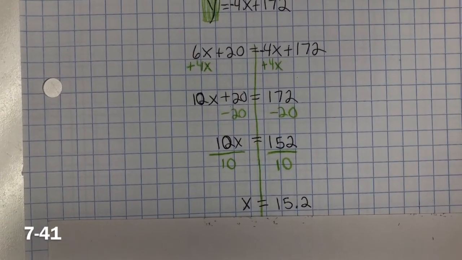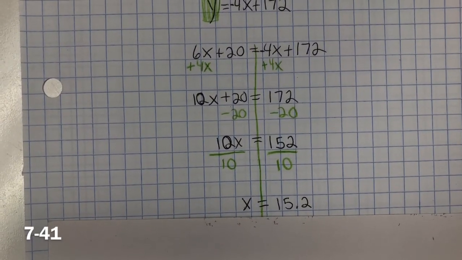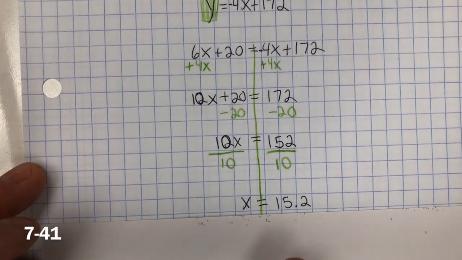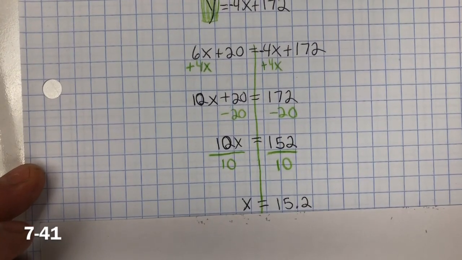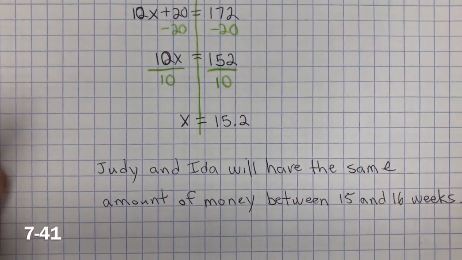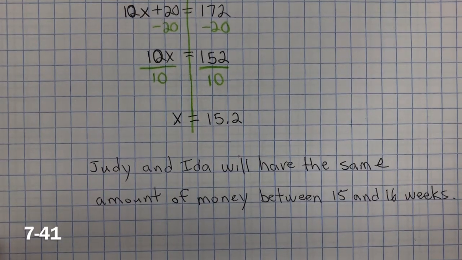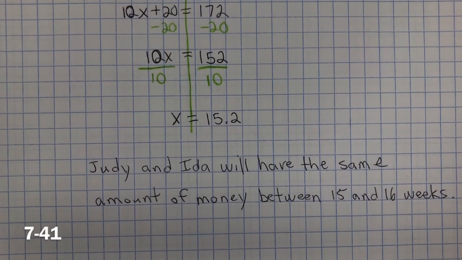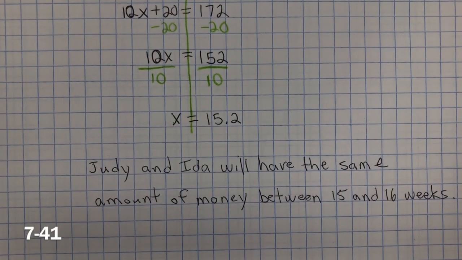So again, the question was asking, after how many weeks will each have the same amount of money? Well, this is 15 2/10 weeks. So Judy and Ida will have the same amount of money between 15 and 16 weeks, somewhere in between those 2 weeks.